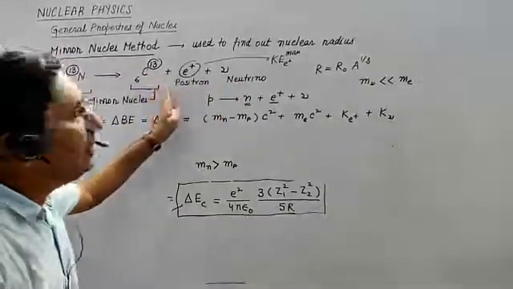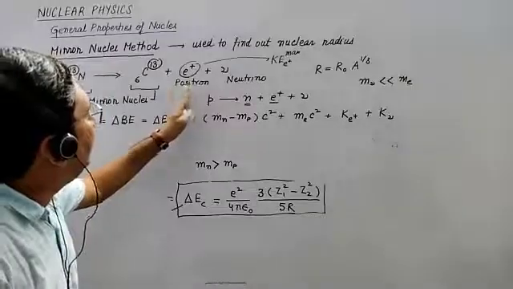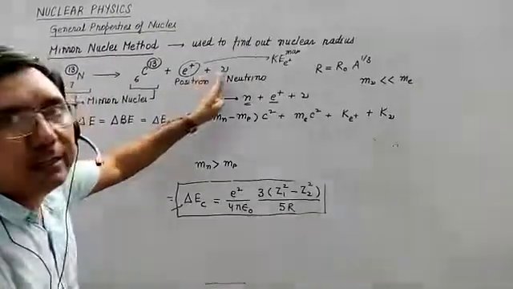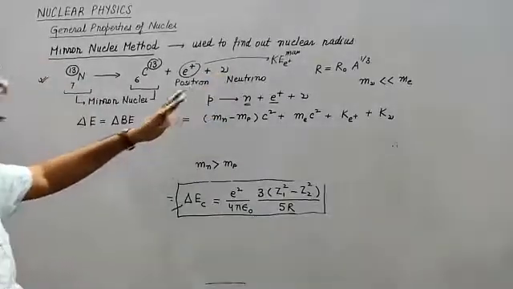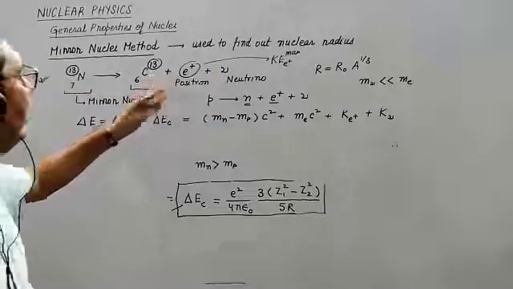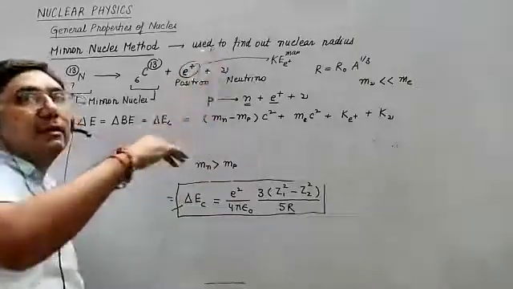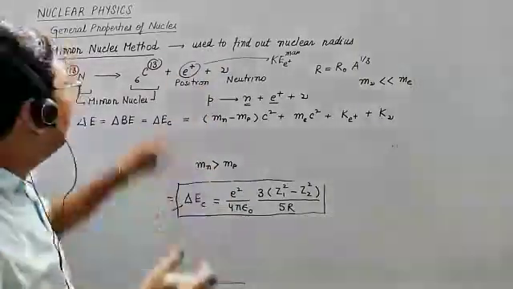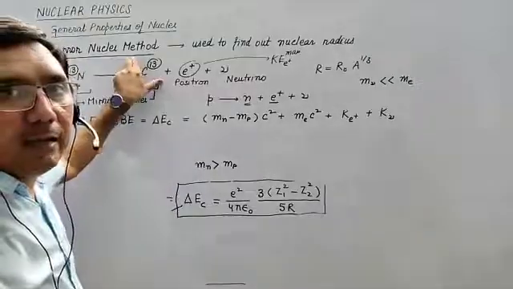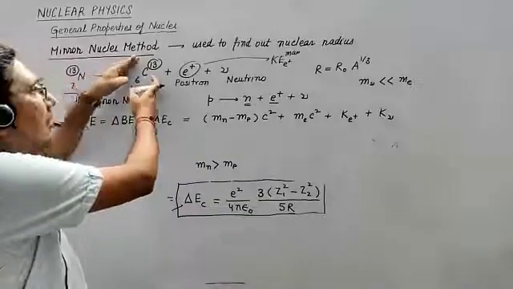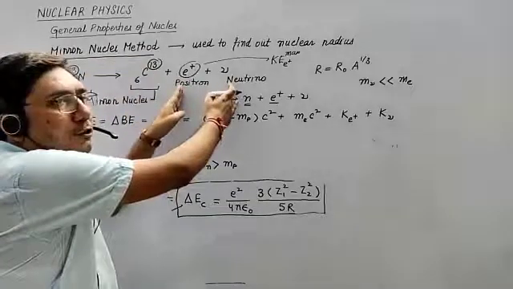So most of the kinetic energy will be carried by these lighter particles. You are aware from classical mechanics that the kinetic energy carried by the lighter particle is always very high as compared to the heavy particle. But here the mass of this is very large as compared to the masses of these two particles.